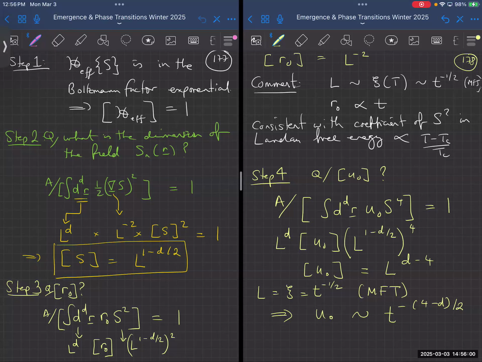Okay, so I'm using mean field theory here because Landau theory is mean field theory. So we're in mean field theory, so we're using the mean field theory exponents. So if u goes as T to the minus (4 minus D) over 2, let's set D equals 3, for example.